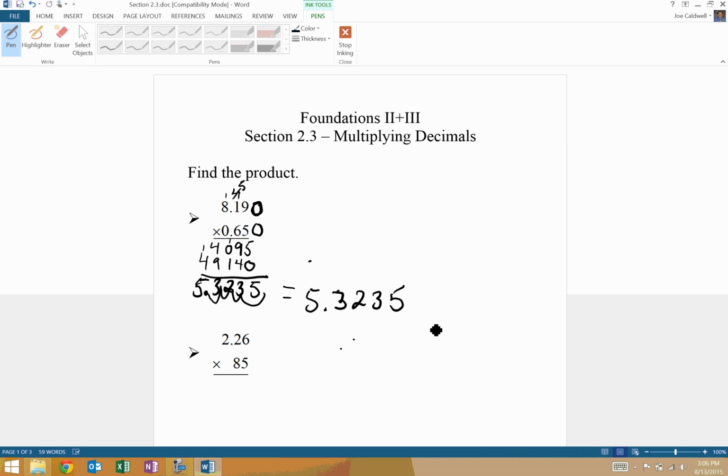So let's do this next example. 5 times 6 is 30, so 0, carry the 3. 5 times 2 is 10, plus the 3 is 13. 5 times 2 is 10, and 11.